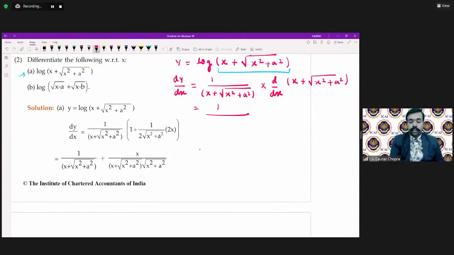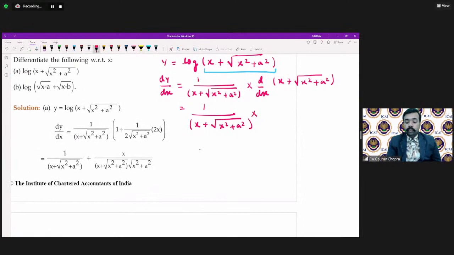Now the first part will remain as it is because we have solved this, and now we are finding the derivative of the second part. Since there is addition between them, we have to find the derivative of both portions separately. The derivative of x is 1, we know that. And what is the derivative of root of x square plus a square? Again, here this whole thing x square plus a square is treated as one thing, and the power is root, that means 1 by 2.